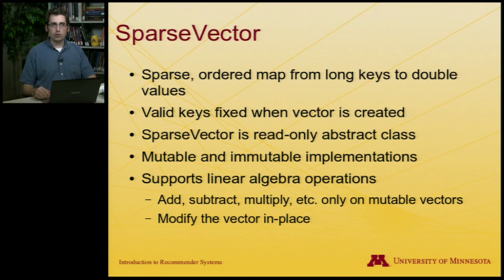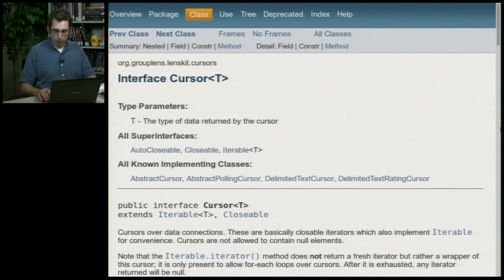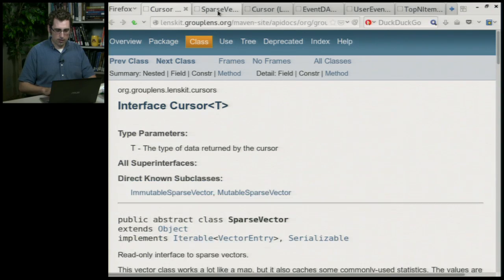So a common pattern is to create a mutable sparse vector that has the keys you need, then start performing arithmetic operations that accumulate the results into the sparse vector. Then oftentimes you'll convert that to an immutable sparse vector to store. There are additional operations such as dot products, etc. And let's look briefly at the Javadoc for the sparse vector class.